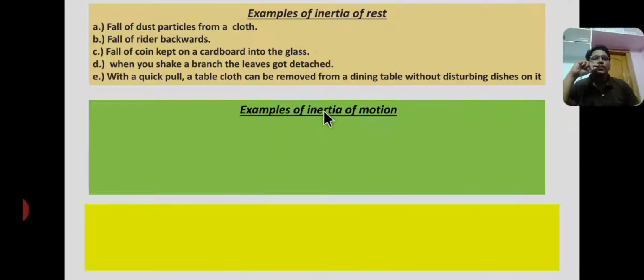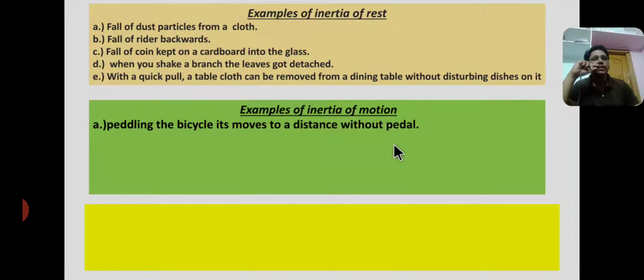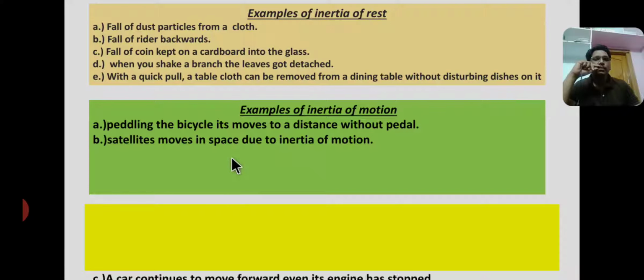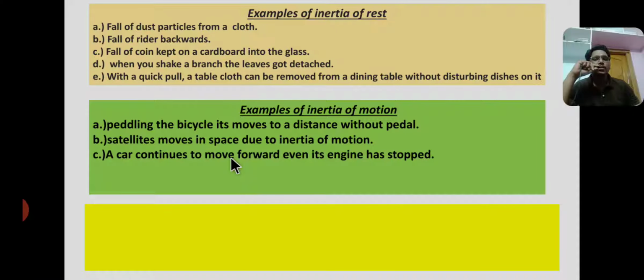Now coming to the examples of inertia of motion. First one is pedaling the cycle. It moves to a distance without pedaling. Second one, satellites move in space due to inertia of motion. Third one is a car continues to move forward even after its engine has stopped.